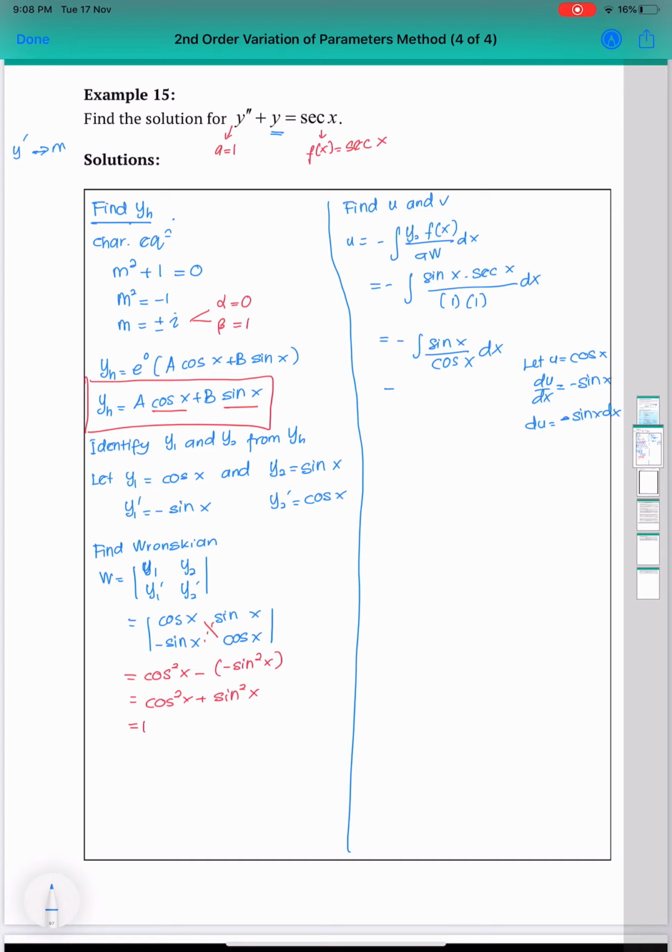Then I can substitute inside here. So I have integrate du over u, which is equal to ln u plus c. Your u is cos x, so I have ln cos x plus c.